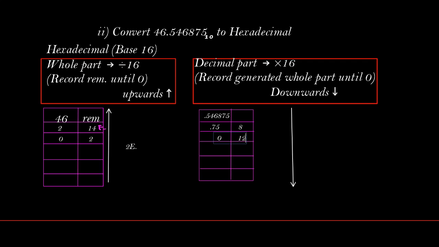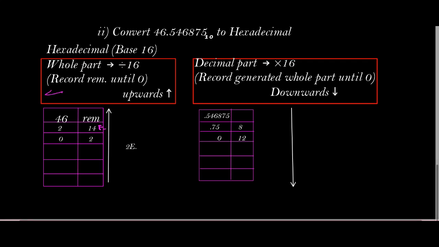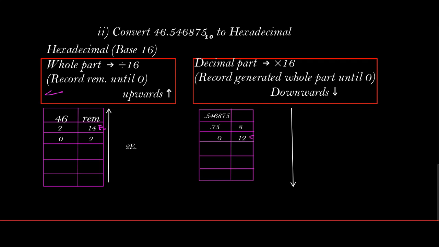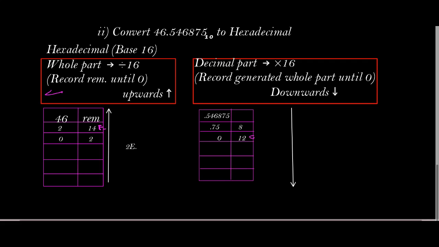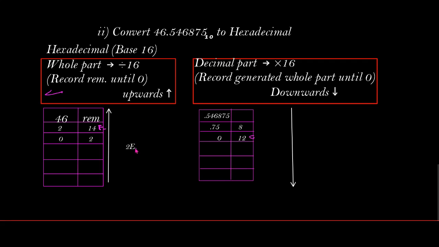So the decimal part is recorded downwards. So we'll have 2E point. Downward means 8, then 12. But remember, 12 is C according to hexadecimal number system. We cannot record it as 12 because somebody will confuse it with 1 and 2.